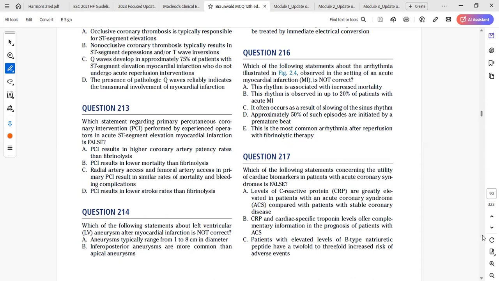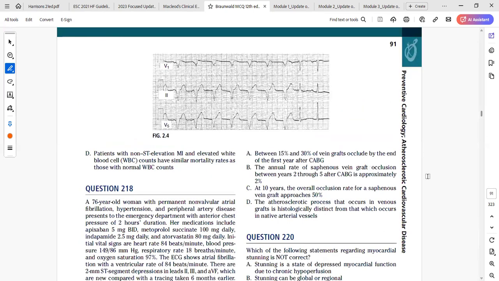You know, when we saw the image, you said this is a capture beat. I don't know which one you call the capture beat. I think it's this one. Yes, that's what because there's a preceding P wave.